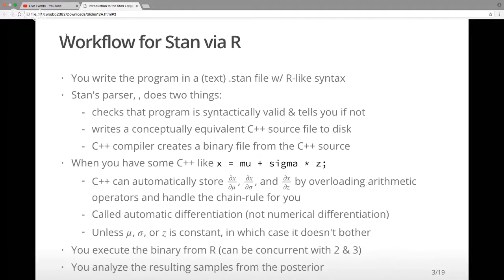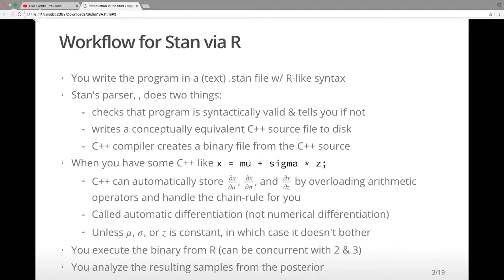That is a very different thing than numerical differentiation, which is more widely known. That just involves making a small change to z and then seeing how big a change there is to x in order to calculate the derivative with respect to sigma, let's say. That is very slow and not very numerically precise, but automatic differentiation is basically as precise as the calculation of the function values.